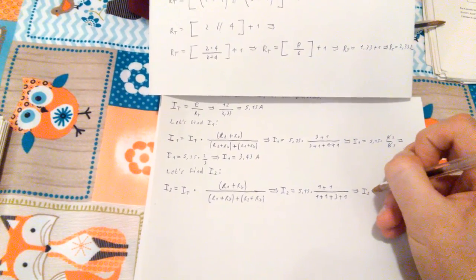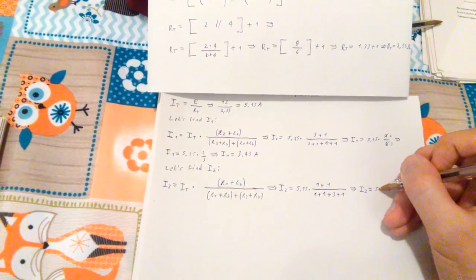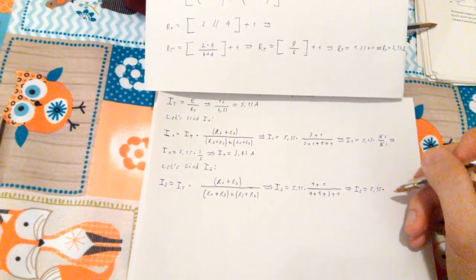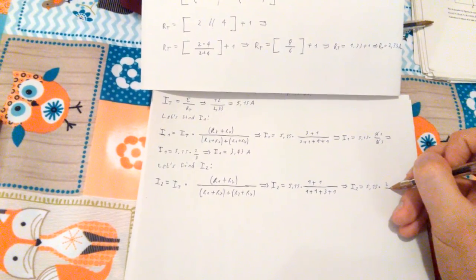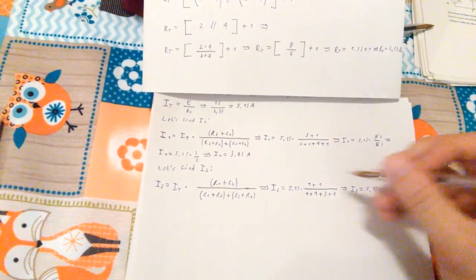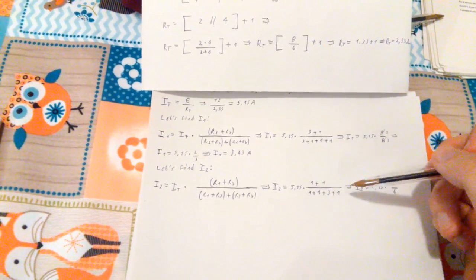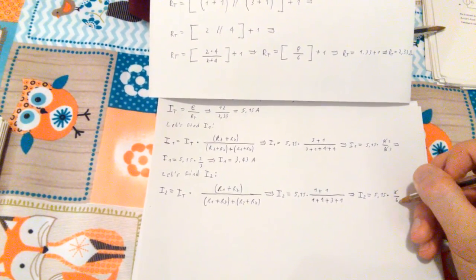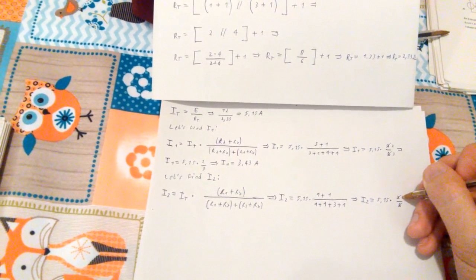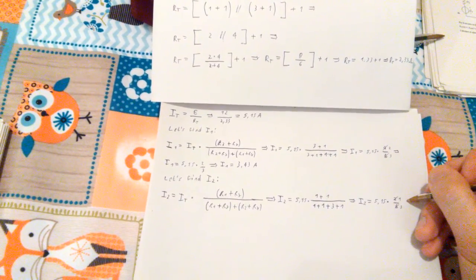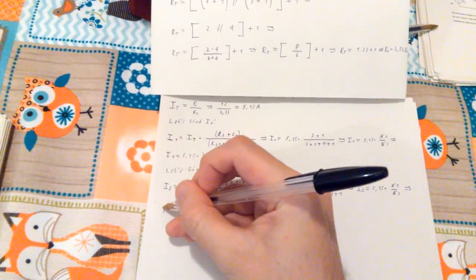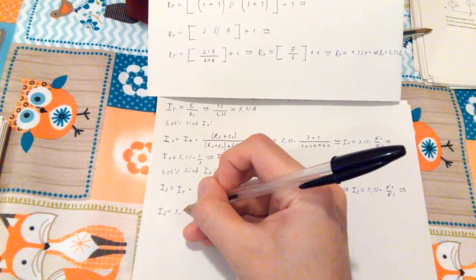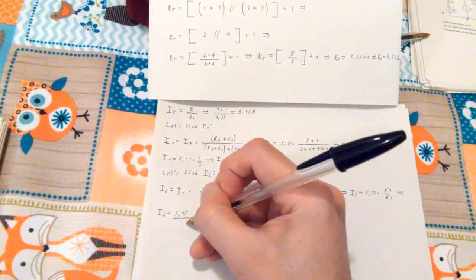So we get 5.15 times 2 over 6, because 1 plus 1 is 2, 3 plus 1 is 4, plus 1 is 5, plus 1 is 6. Those simplify to 1/3, so I2 is 5.15 over 3.